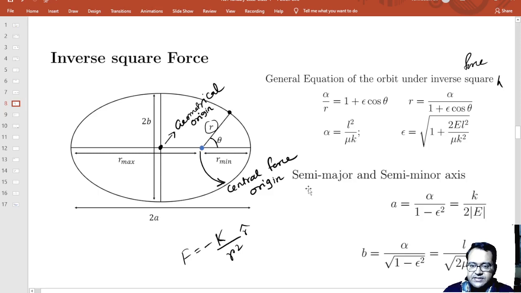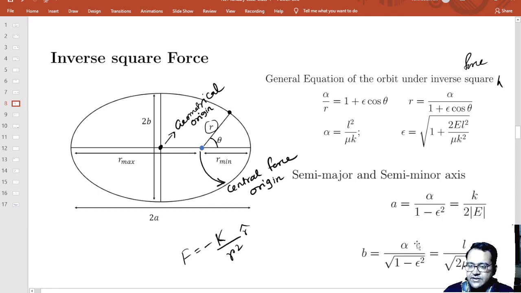We define the semi-major and semi-minor axes. There is a calculation involved, but I don't ask you to do all these derivations right now. You just remember these as important results. The semi-major axis a can be calculated as alpha by (1 minus e squared), and this can be calculated as k by 2 times the modulus of the energy.